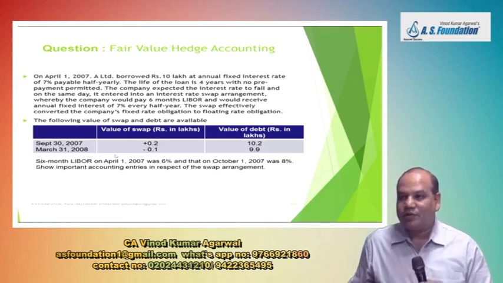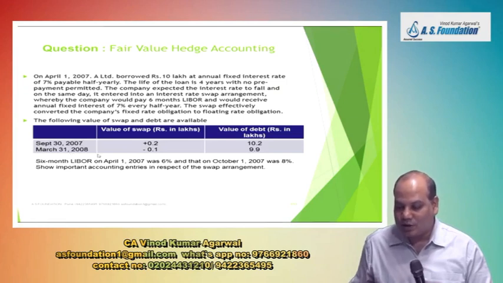Now what happened after the next 6 months? This is after 6 months, and this is another after 6 months. Plus 0.2 became minus 0.1. So how much is the change in fair value? 0.3. Yes, so my fair value has changed by 0.3.